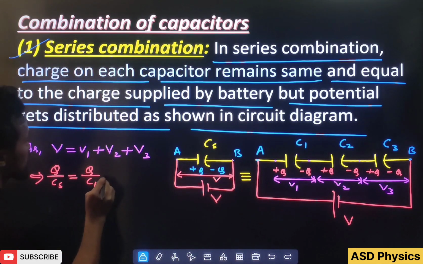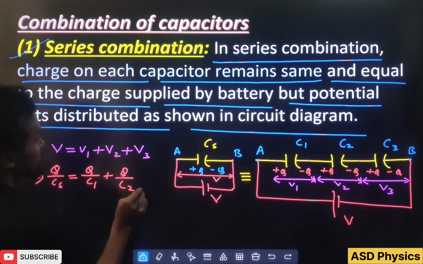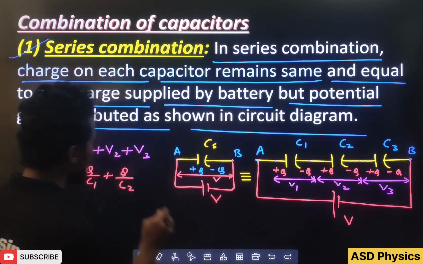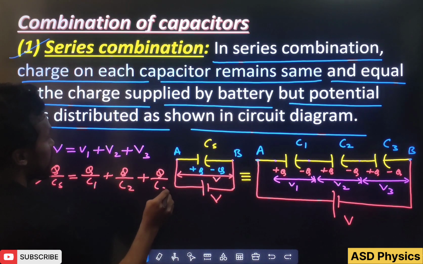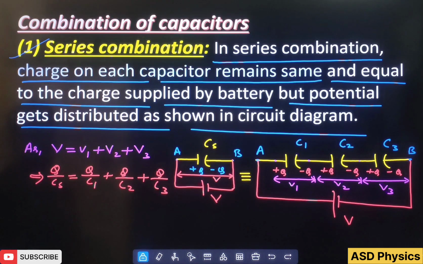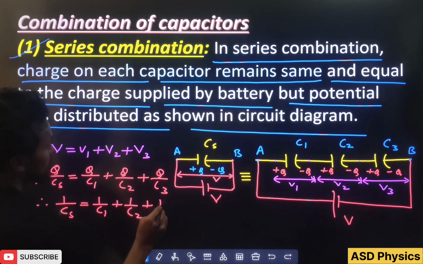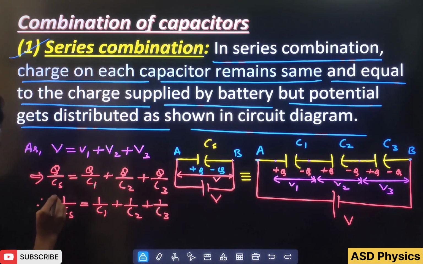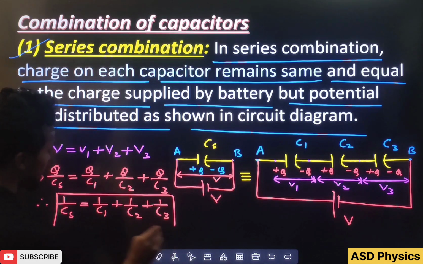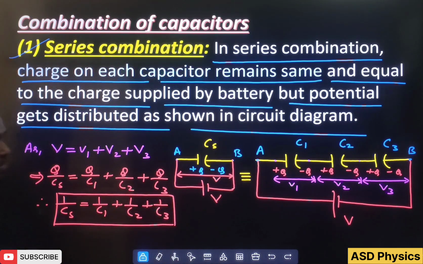Similarly Q by C2 for the second capacitor, plus Q by C3. You can see very well, on both sides Q and Q will cancel out. That means we'll get 1 by CS equal to 1 by C1 plus 1 by C2 plus 1 by C3. So students, this formula we will get when the capacitors are connected in series.